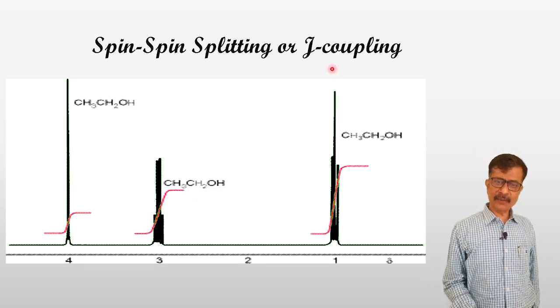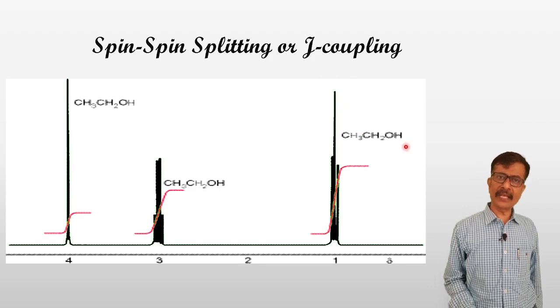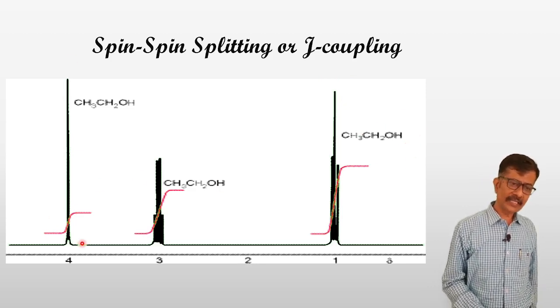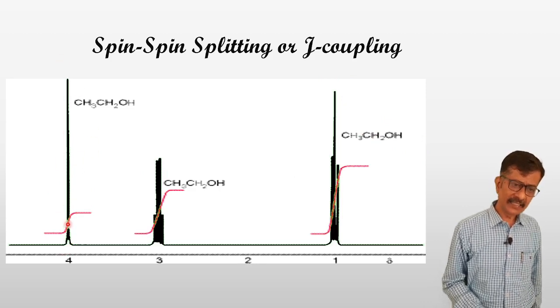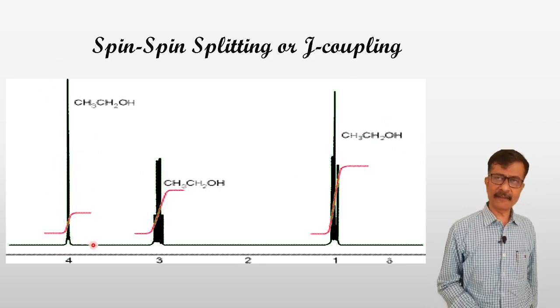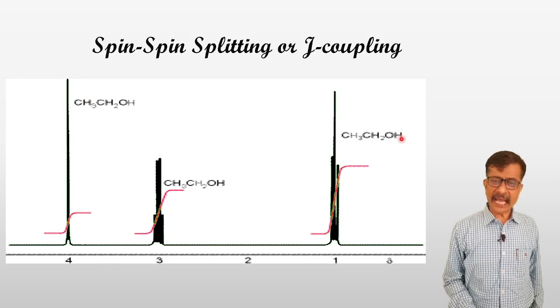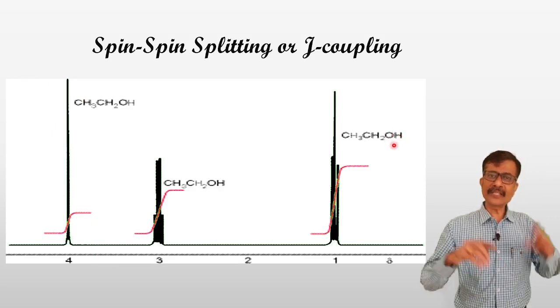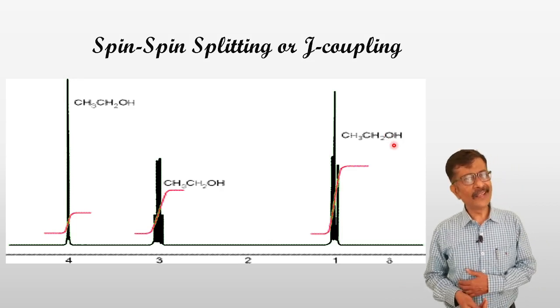If you take the example of this again, CH3, CH2, OH. This is the peak for OH. It is a singlet. There is no splitting in this peak because this H is attached to a heteroatom O, so no question of spin-spin splitting here.